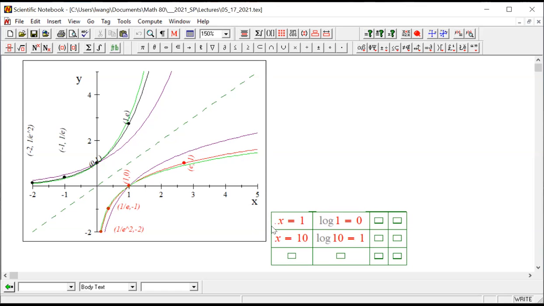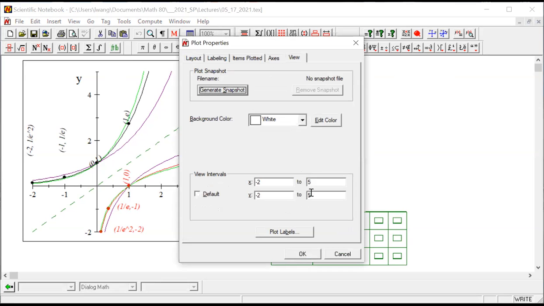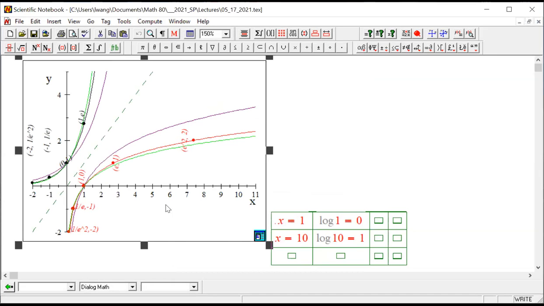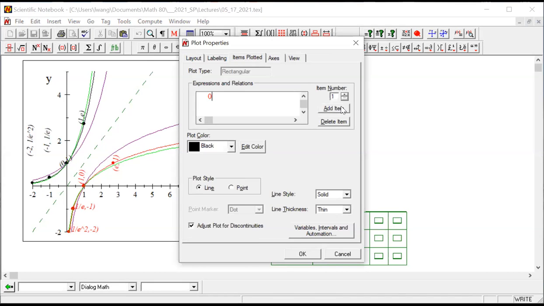Where's log 10? Well, I need to extend this picture just a little bit more, up to 11. So if I put the points in place, you can totally control the situation. So 10 comma 1, and that's a black dot.